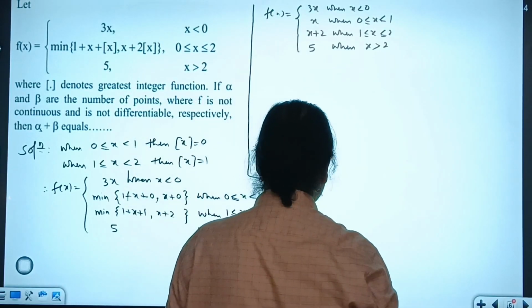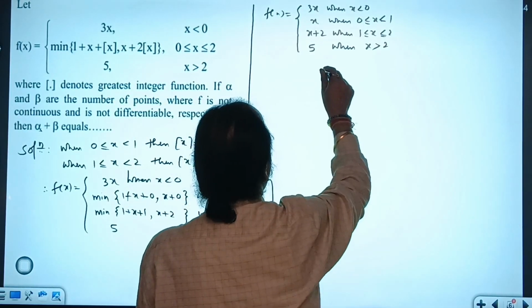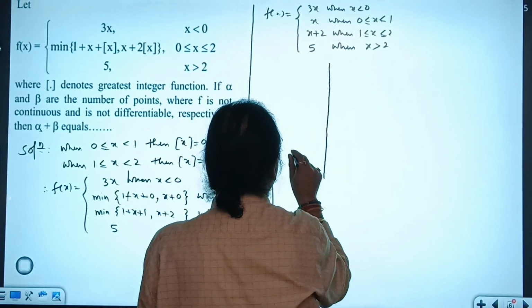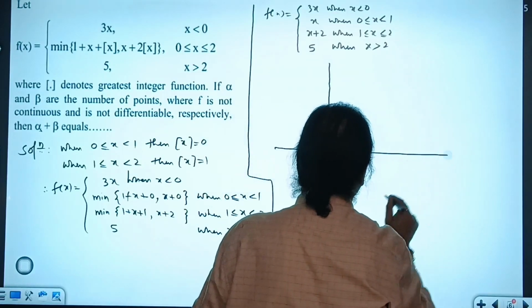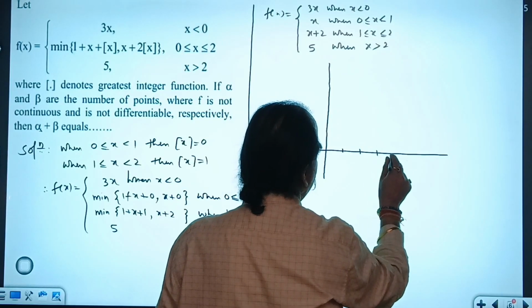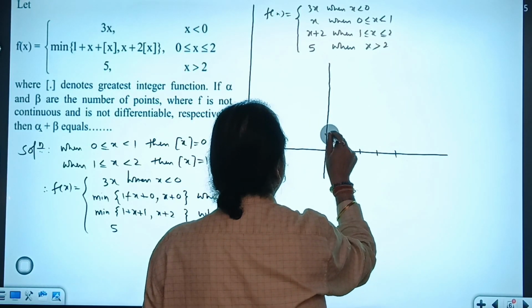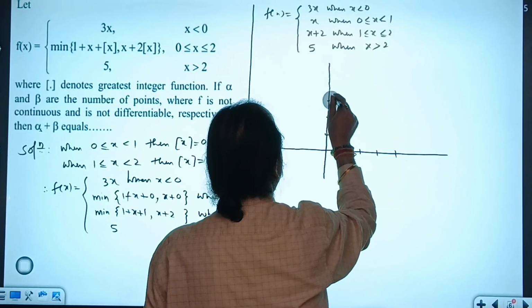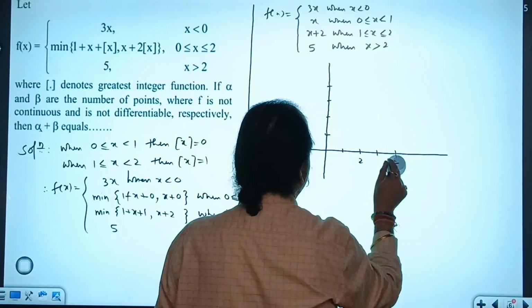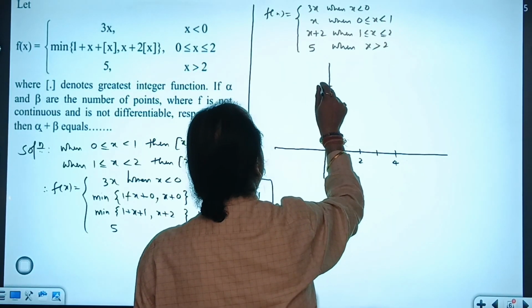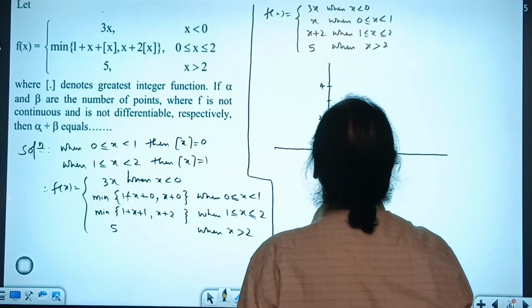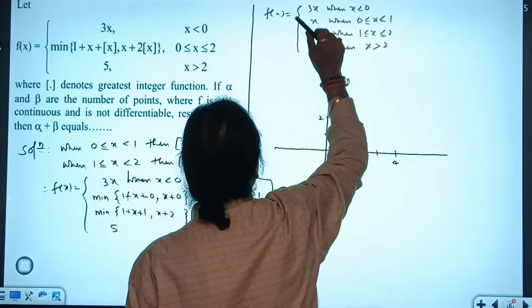So we can plot the graph. First is what? When x is less than 0, y, f(x), means y is equal to 3x.